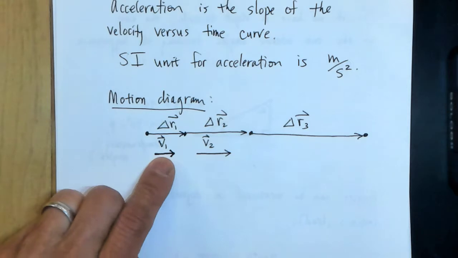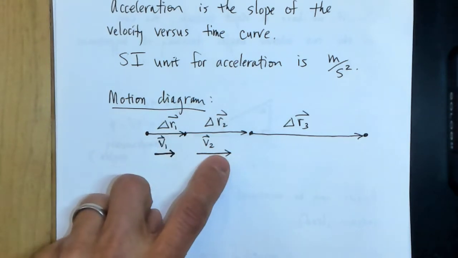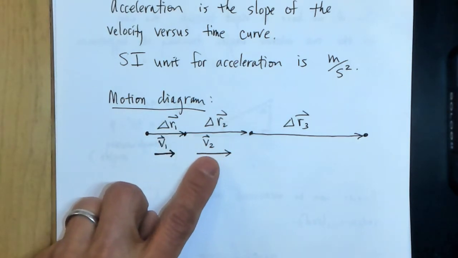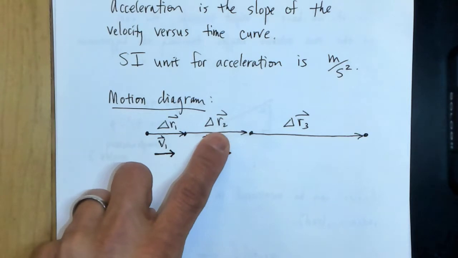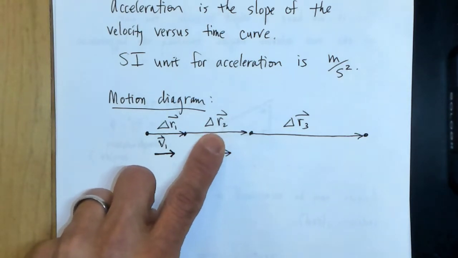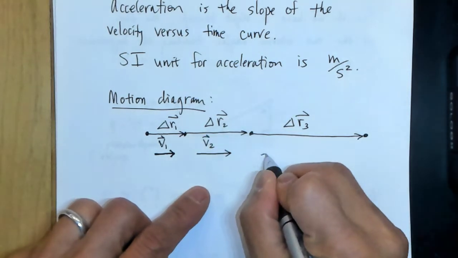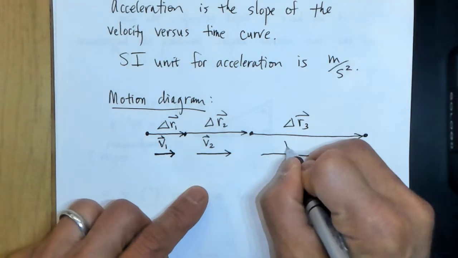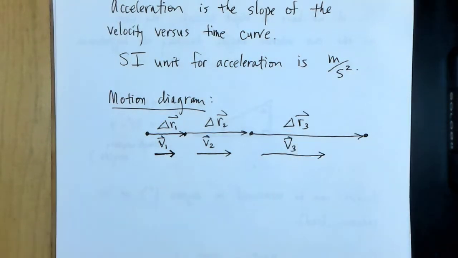So if this is proportional to that one, the same proportionality has to exist between this velocity and this displacement. And this one has to be proportionally bigger as well for the average velocity for this interval. Everybody's good on that? It's just drawing diagrams. I'm not calculating anything, but that's what it should look like.